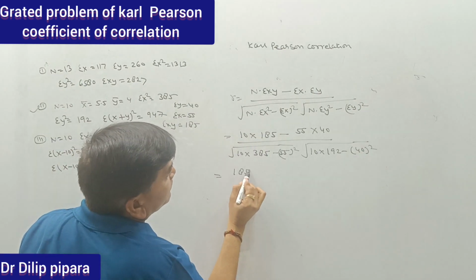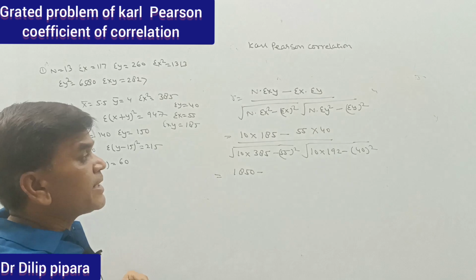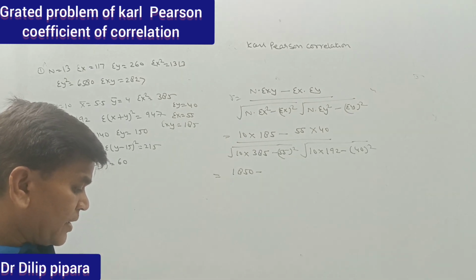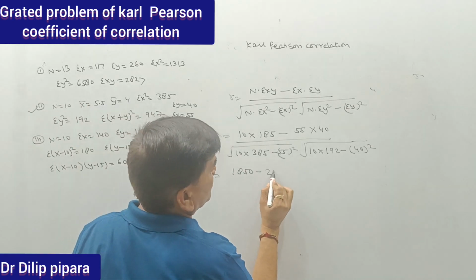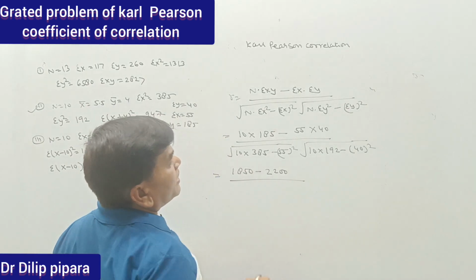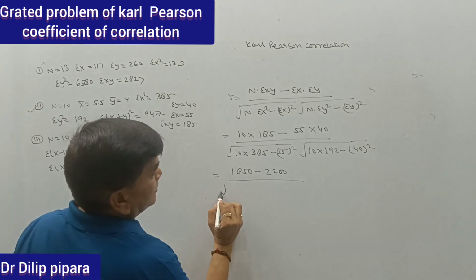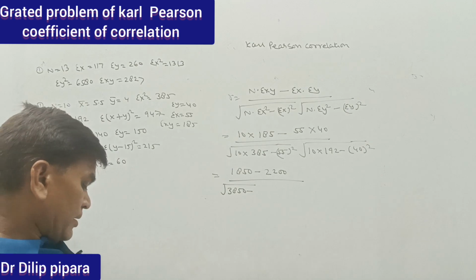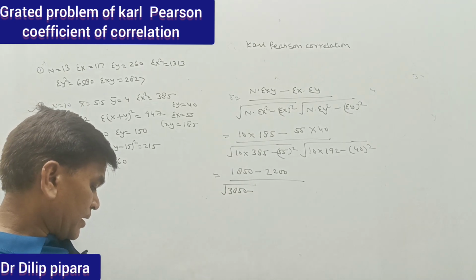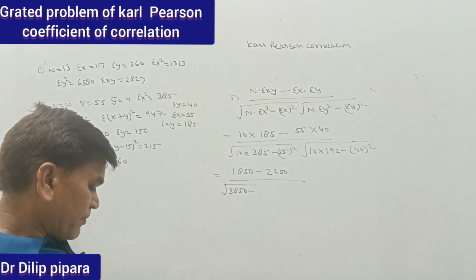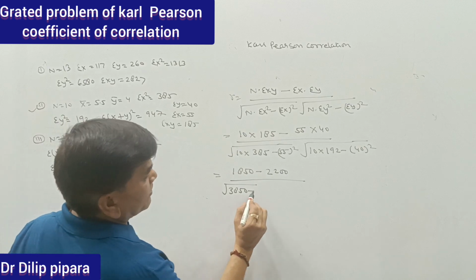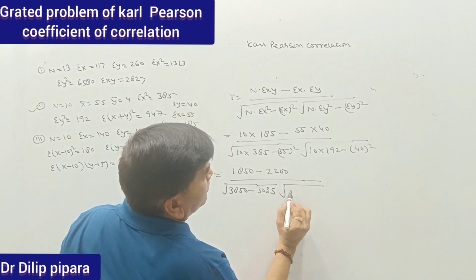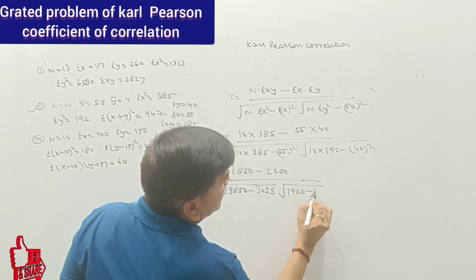So 1850 minus 55 multiply 40, that is 2200, divided by 3850 minus 3025, 1920 minus 1600.